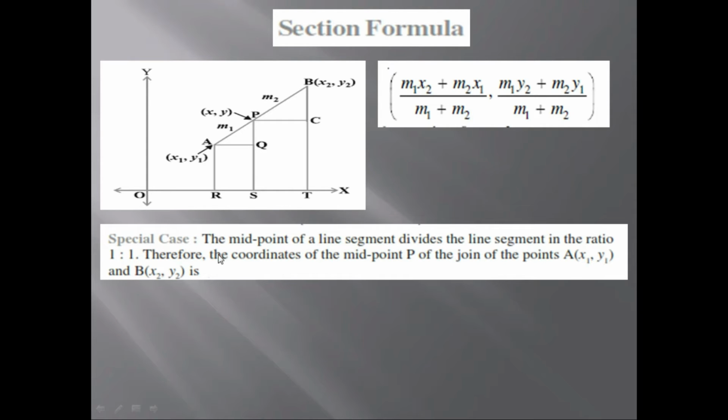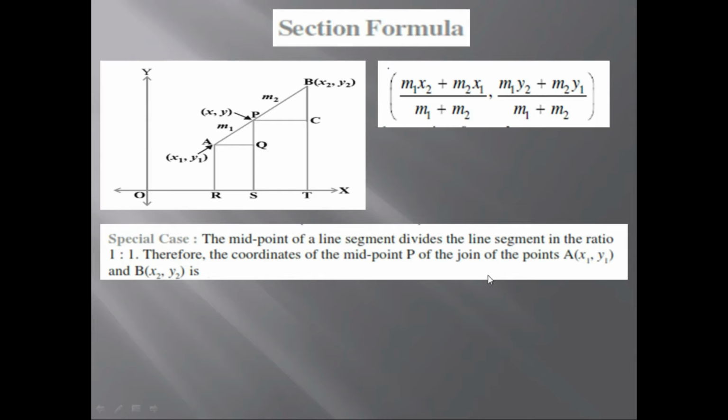This is one special case, and the formula becomes the midpoint formula. So the midpoint of a line segment can be calculated in this way. The midpoint of a line segment divides the line segment in the ratio 1:1, because if point P is a midpoint, then PA will be equal to PB.